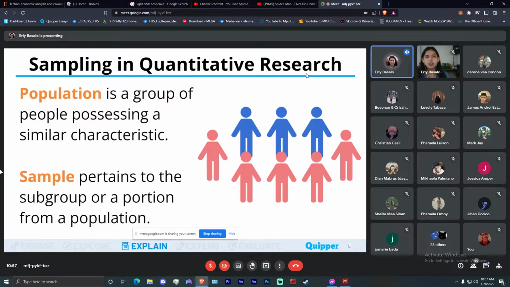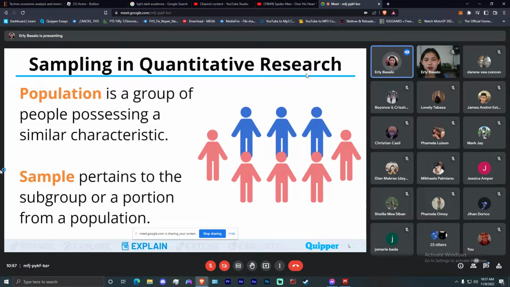Next, we have here sampling in quantitative research. Okay, we have the definition for population. It is a group of people possessing a similar characteristic. So, for example, ang inyong study is within a school, so your population are the students. Then we have the definition for sample.